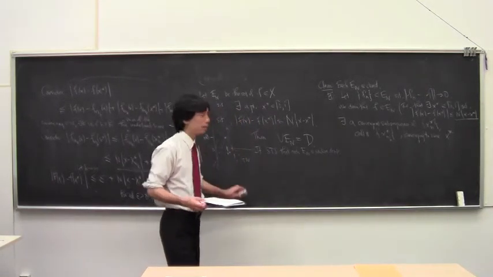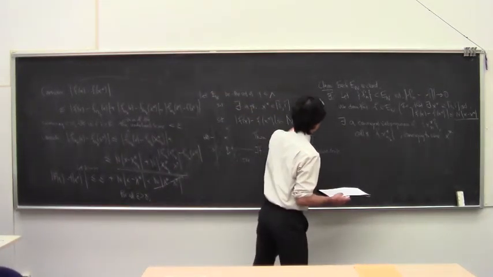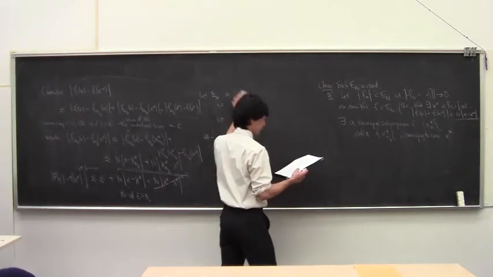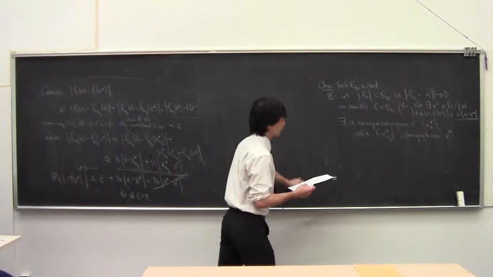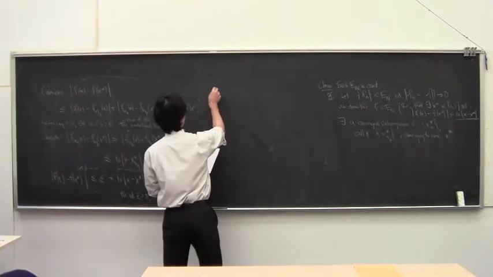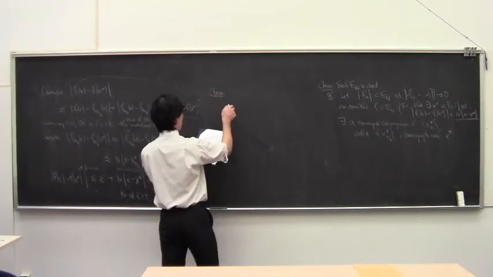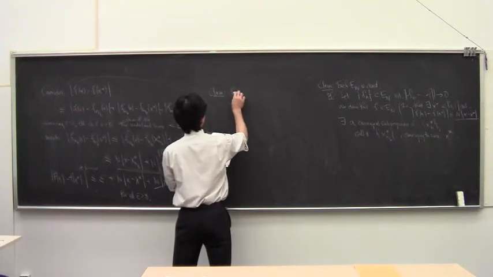Okay, so each of those is closed, and now we want to show that each of them has no interior. So last one, the interior.